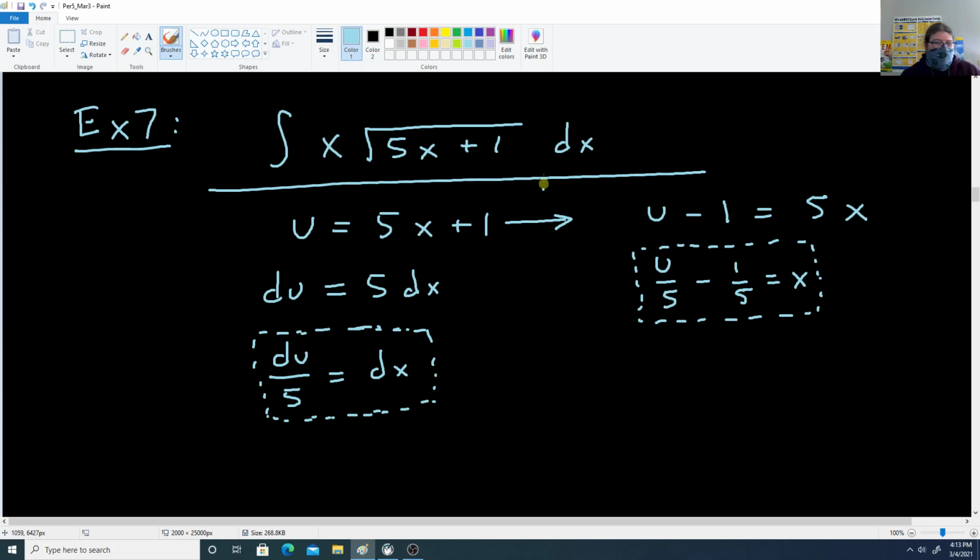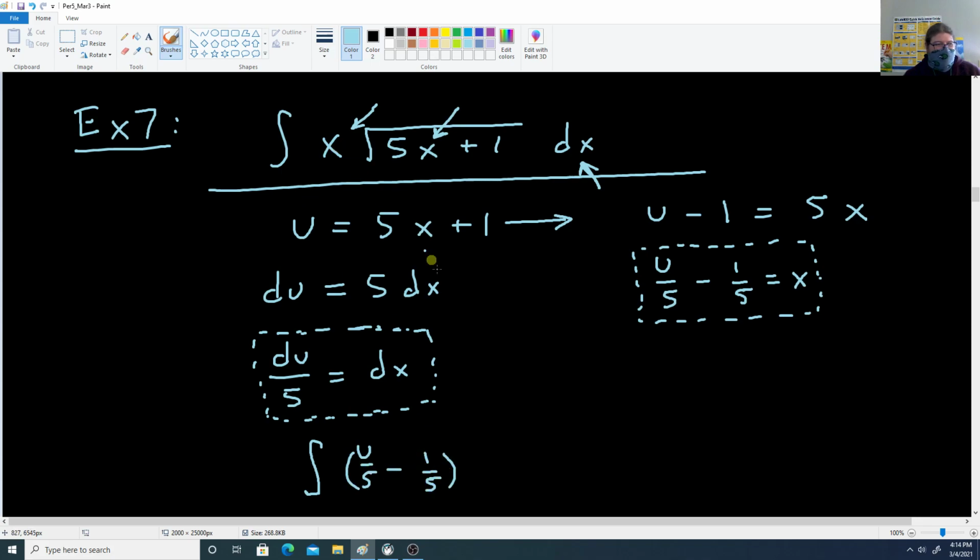So what we're going to do is replace the symbol dx with this. We're going to replace the two appearances of x up here with u over 5 minus 1/5. So when we do that, we get the integral of, it's not x anymore, it's u over 5 minus 1/5.